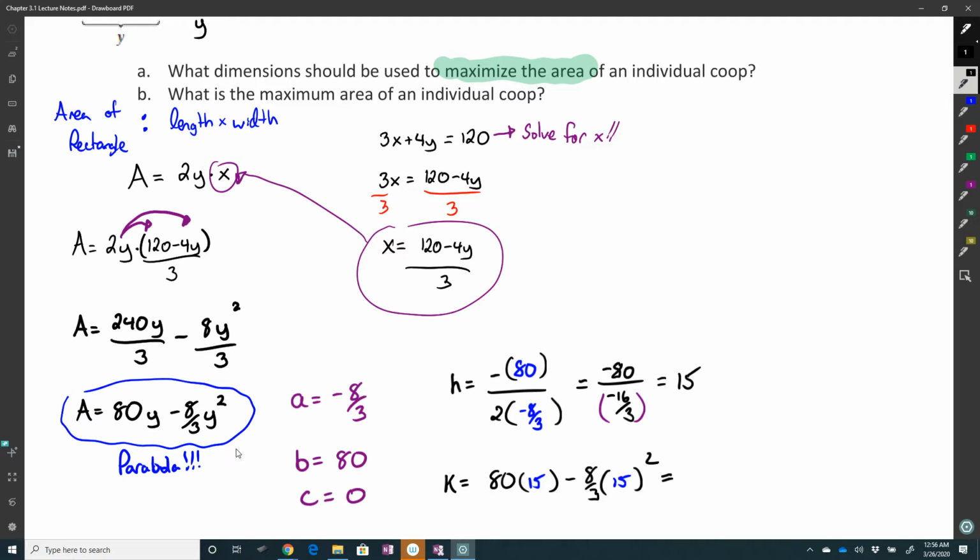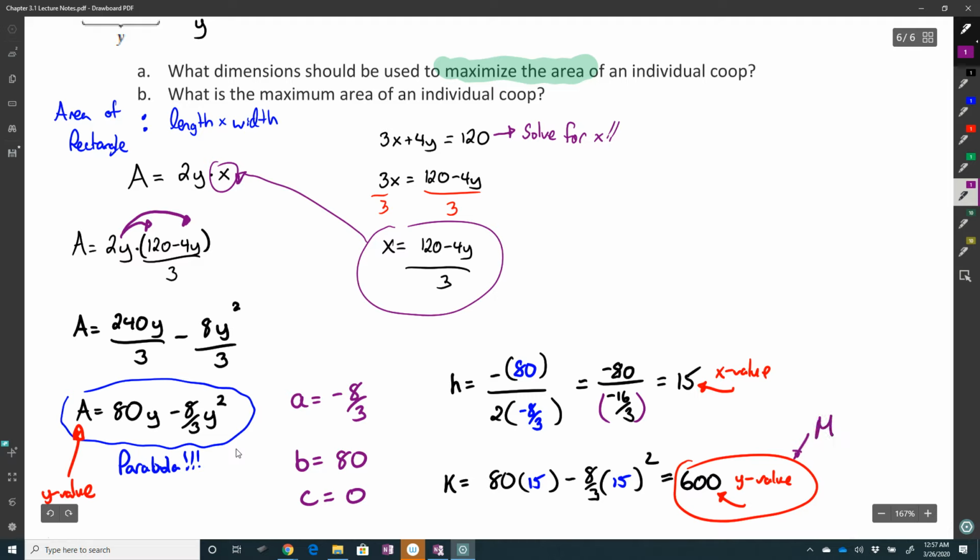My y value is the area. So this 600 is the maximum area of the chicken coop, whereas this 15 is one of the dimensions. It's the y dimension.